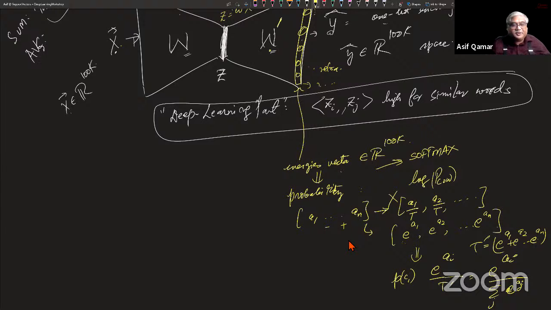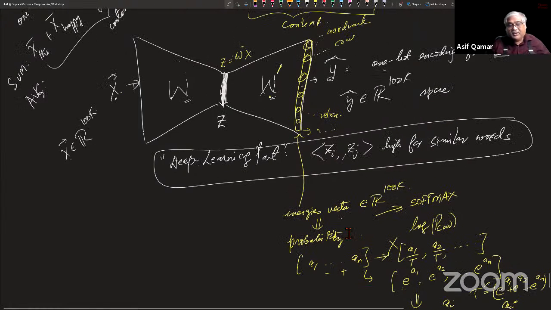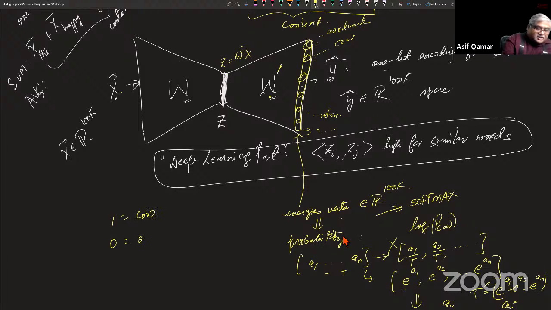So now comes the interesting thing. We talked about cross entropy and all of those things. Now what can I do? I wanted a probability of 1 for cow, 0 for everything else. But suppose I got P of cow as something like 0.2, or a very low likelihood, actually it will be something like 10 to the minus 4, because there are so many words.